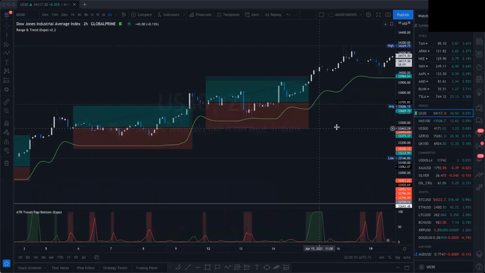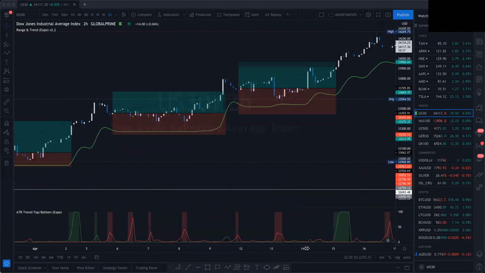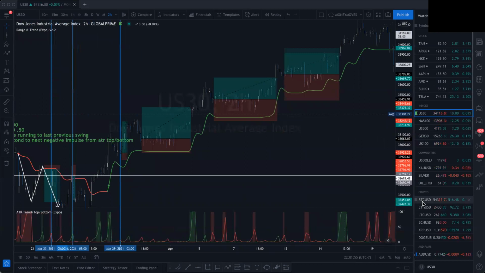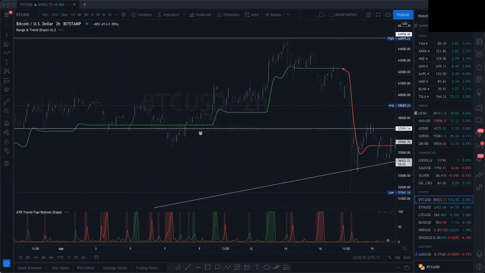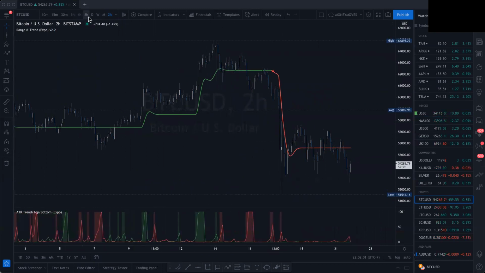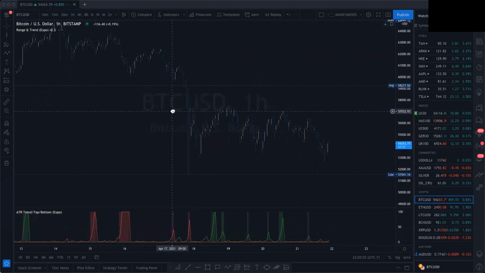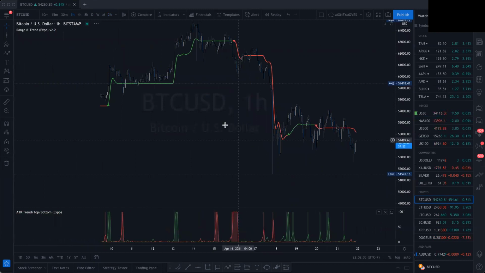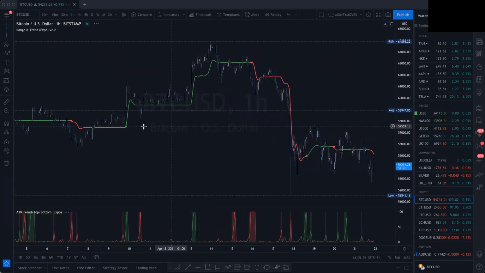And there's US 30. We could also go to Bitcoin and do the same thing. Everyone loves trading Bitcoin. Boom. So let's go to the 1-hour chart on Bitcoin and see what we can pull off over here.